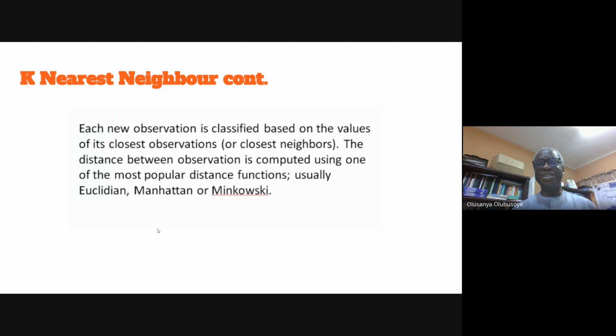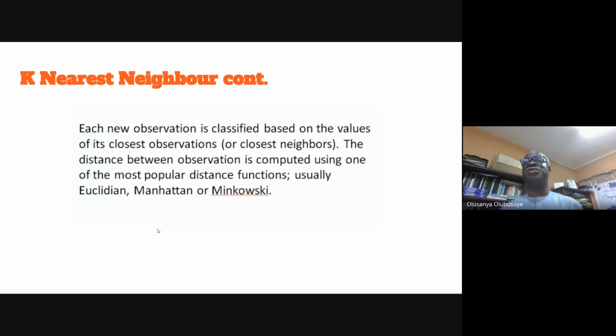So the principle underlying this is: predict me based on my neighbor. I predict you based on your closest neighbor. It's believed that your neighbors know. If I know anything about your neighbor, then that can also help me to know something about you.